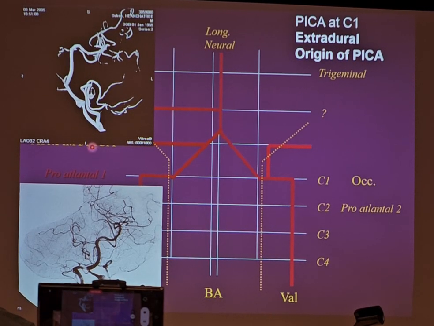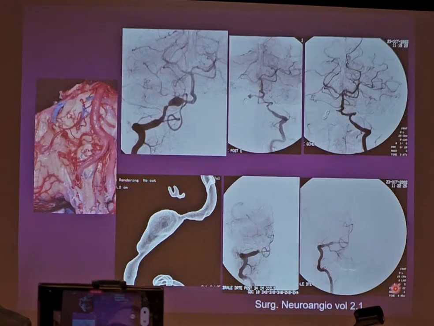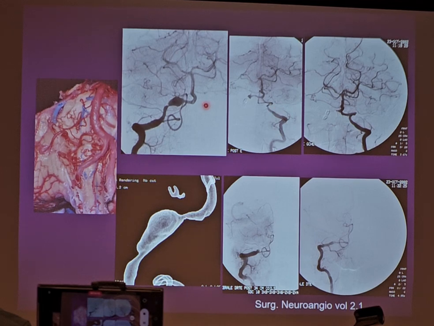So your decision to treat this dissecting aneurysm can be considered if you evaluate all of these. For example, this one is called C1 extradural origin of PICA. Again, in our real practice, the best treatment for a dissecting aneurysm is to sacrifice it.